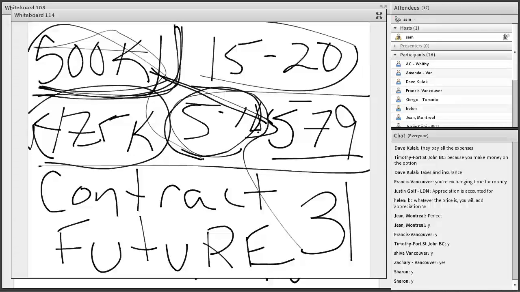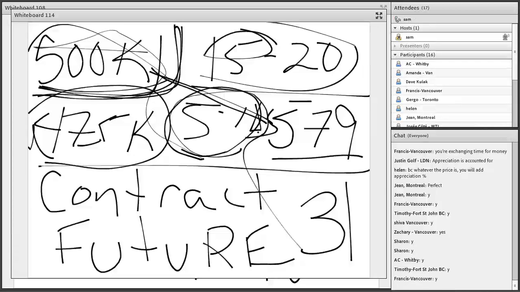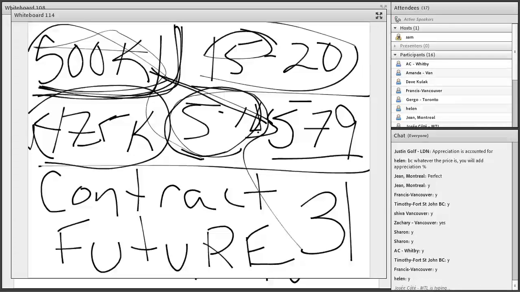Everybody see that? If I did an 80,000 discount, it would be like I walked up on a property that was 579 and said to them, I'll offer you 500. And that is in the range for a discount. Everybody see that? 15%.